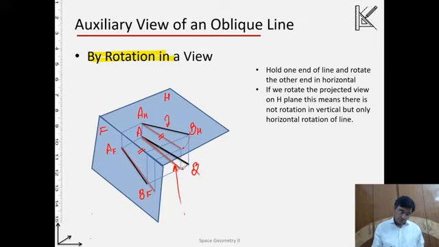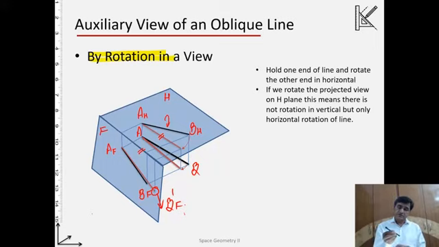Now a few things we must understand here. How to locate the end, this? If this is AF and BF, and we call this point B dash F, let us say, how to identify or locate B dash F?